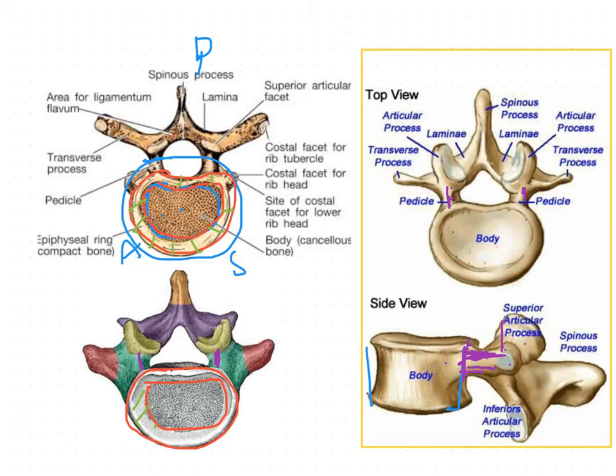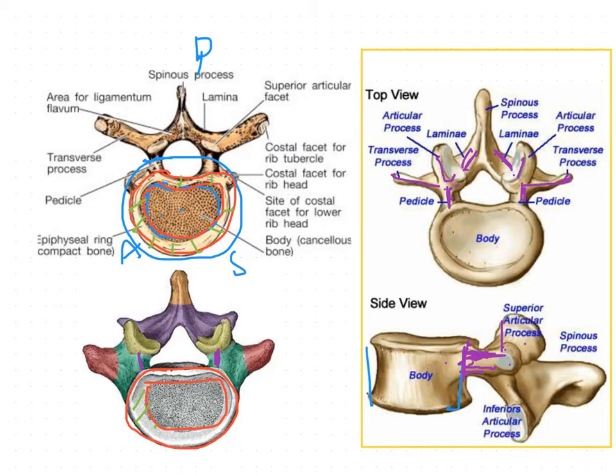Now the pedicles continue as the laminae. Before the formation of the 2 laminae, it gives transverse processes and also the other projections, that is the articular processes.